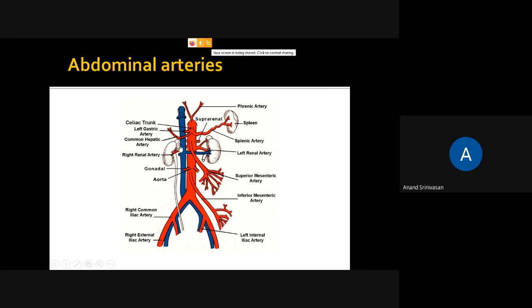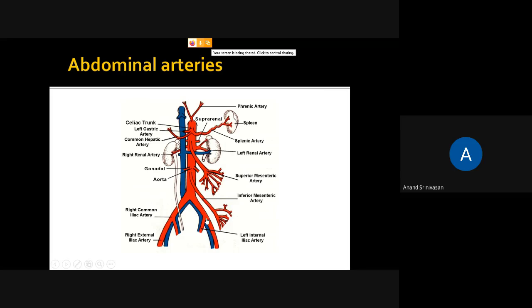Now the side branches: two renal arteries and two gonadal arteries, which supply the reproductive organs.